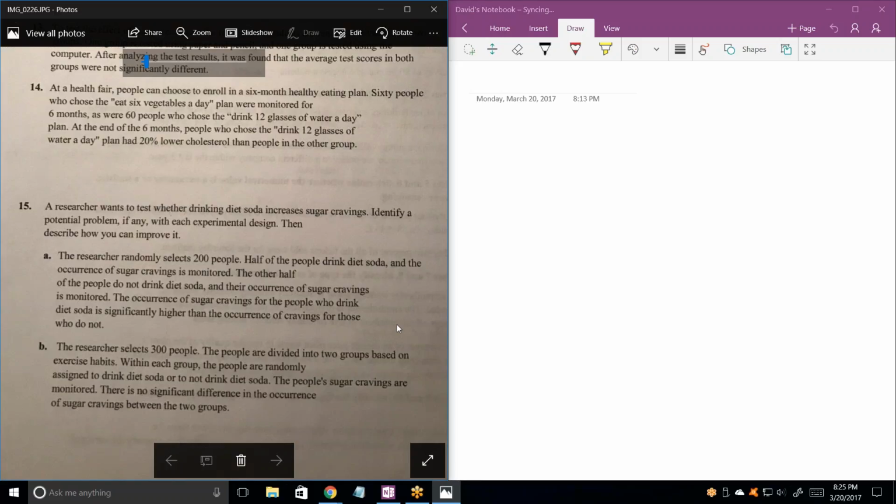So A doesn't appear to prove much of anything at all. Now, I'm a little confused as to the problem. Is A different than B, or are there two different experiments and they're asking us to judge which one might be better? Yeah, I think they're different. Okay, let me read B.